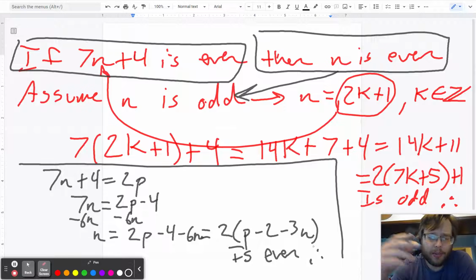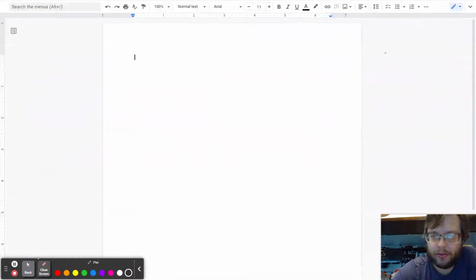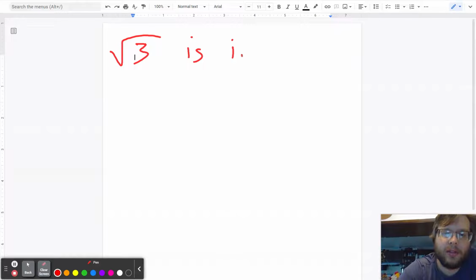Okay. The classic proof that I showed you in class that I'll just show you again here is that the square root of 2 is irrational. You should be able to do it with other square roots. So let's just try square root of 3, see if I can get through this here. So we're going to try to prove that square root of 3 is irrational.